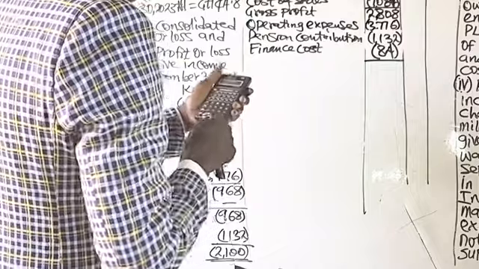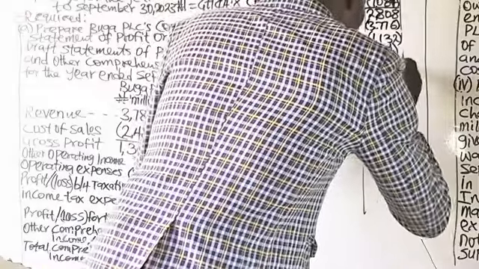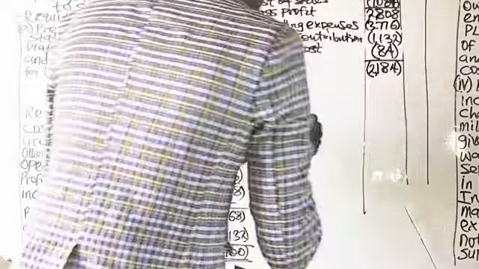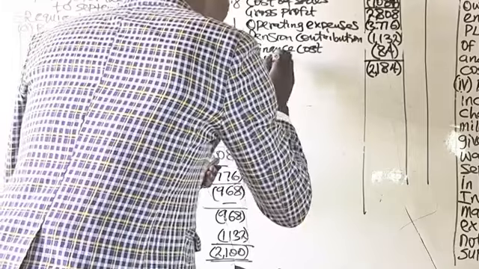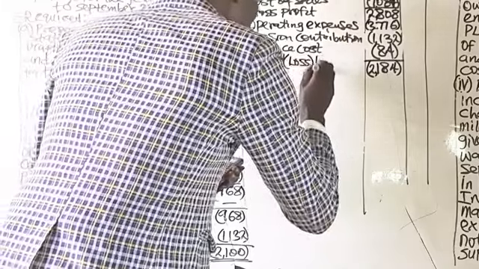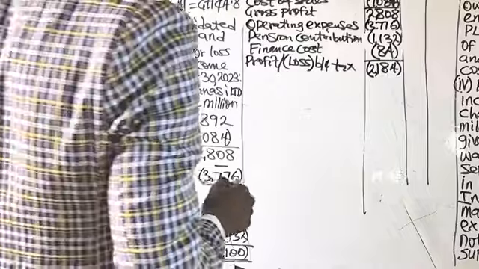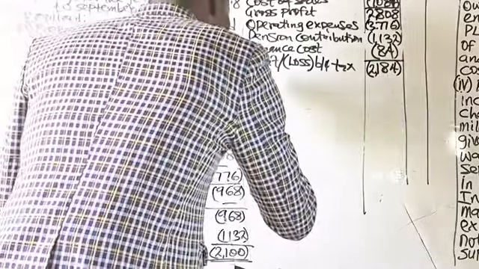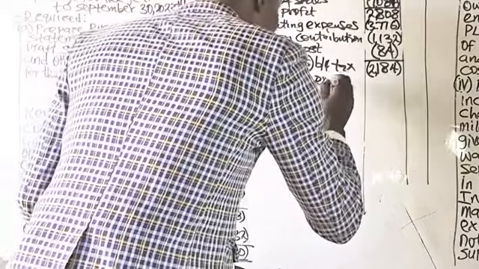So we have 2184, a loss. And this is the profit or loss before tax. After this, the next item is income tax expense.